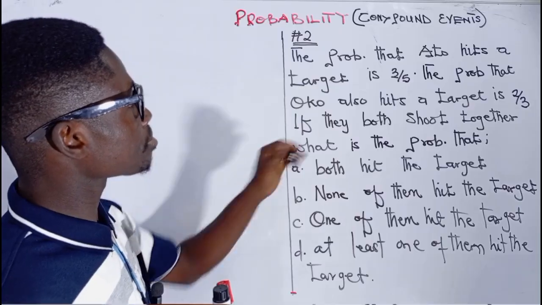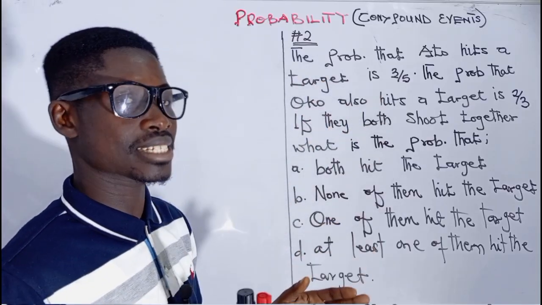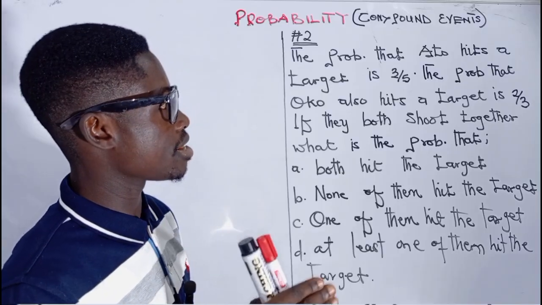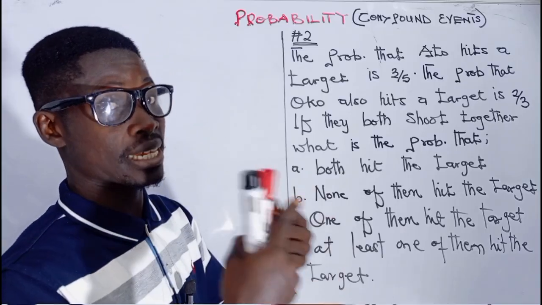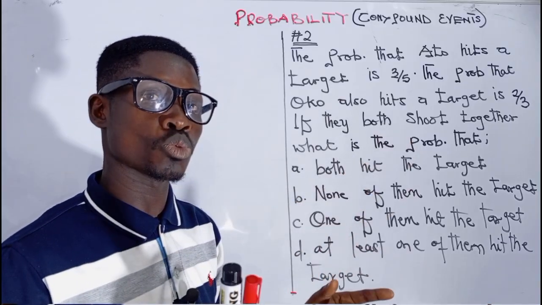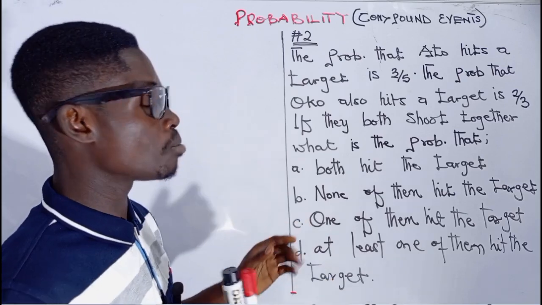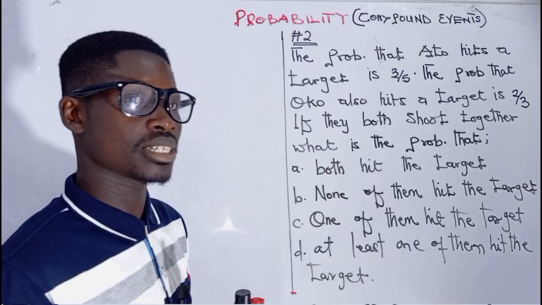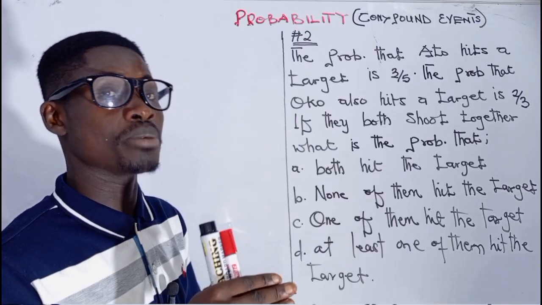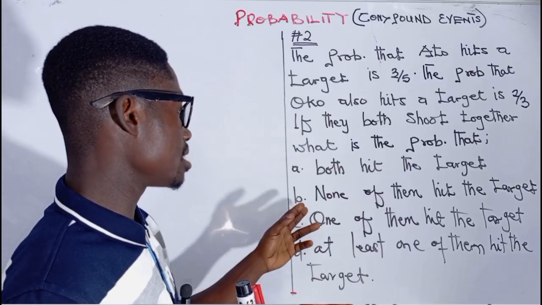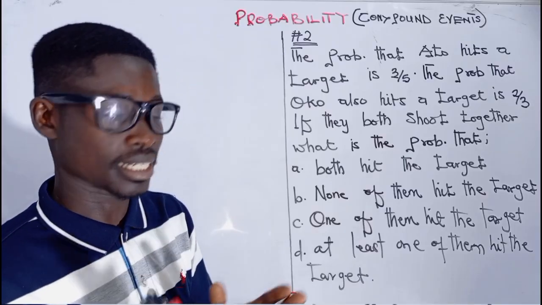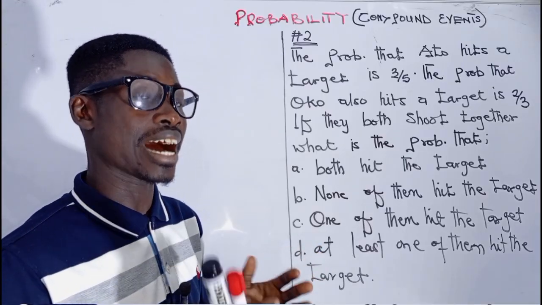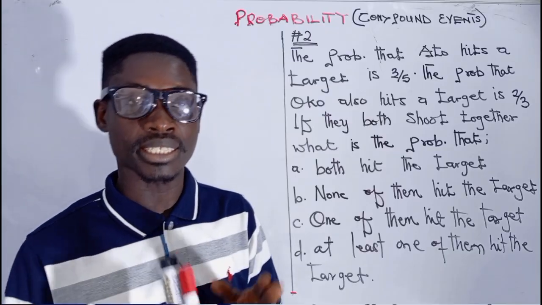So let's look at this question. It reads, the probability that Ato hits a target is given as 3 out of 5. And the probability that Oko also hits a target is 2 out of 3. If they both shoot together, what is the probability that A, both of them hit the target, B, none of them hits the target, C, one of them hits the target, and D, at least one of them hits the target?